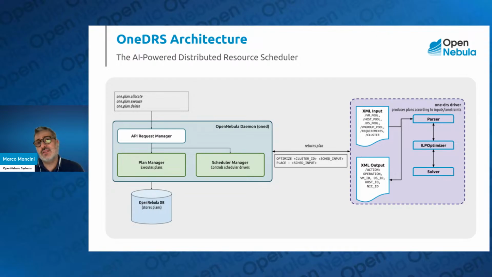So we have a scheduler manager that can call different drivers, and these can implement the different optimization or initial placement. So we have two main commands that the scheduler manager will call, optimize or place. So for DRS, we have defined a driver that can do optimize and place. Place is for the initial placement. The optimize instead is to optimize the workload within a cluster.